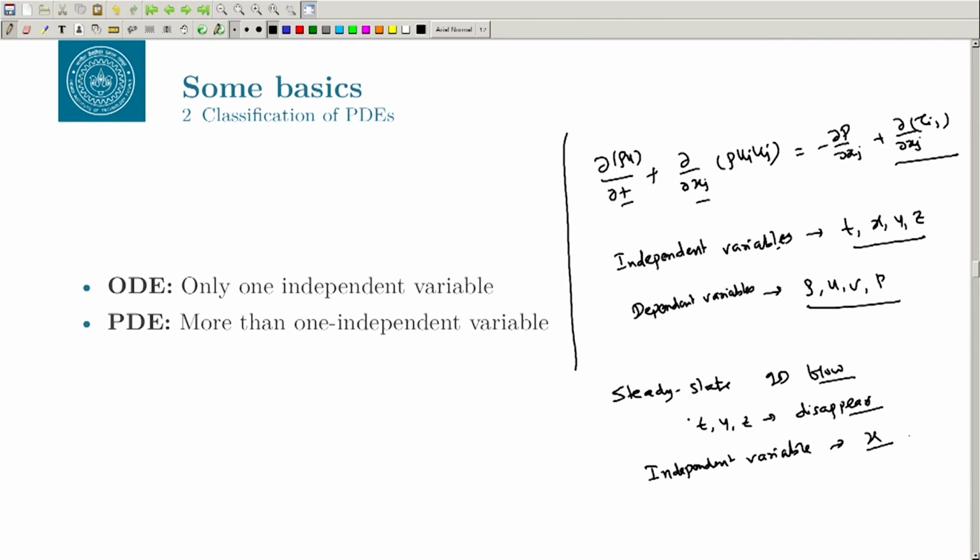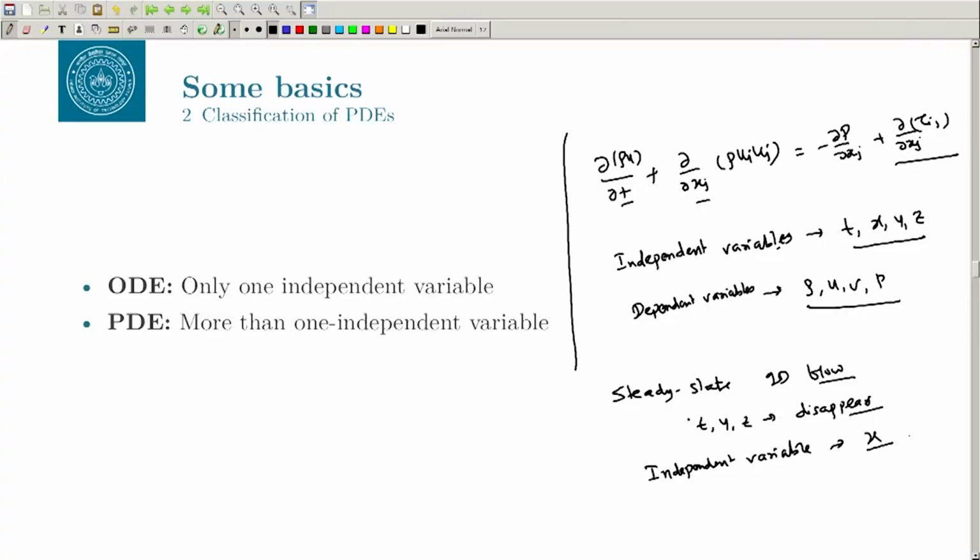So, the Navier-Stokes equations are partial differential equations, and it is called a spatio-temporal PDE because it depends on space as well as on time. A PDE is when the independent variables are more than one.